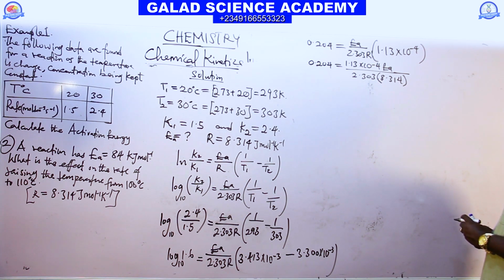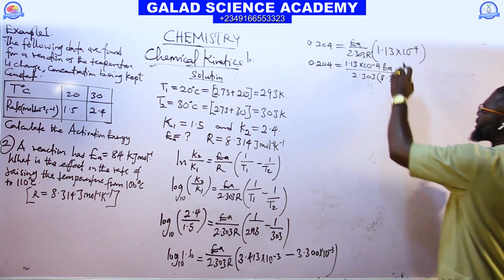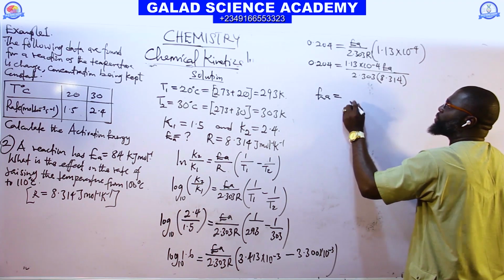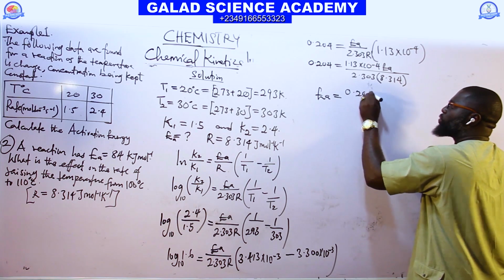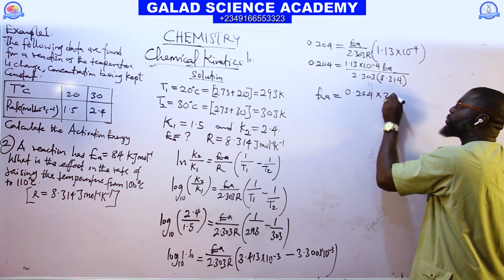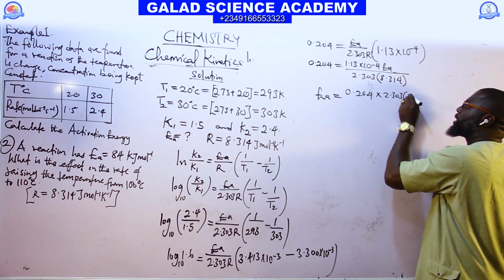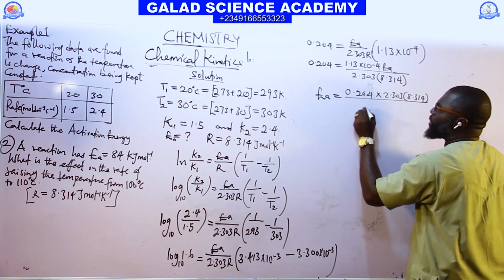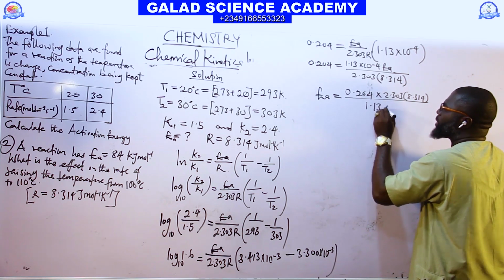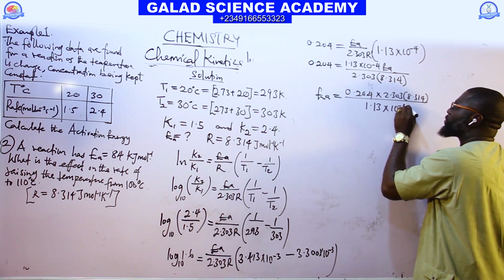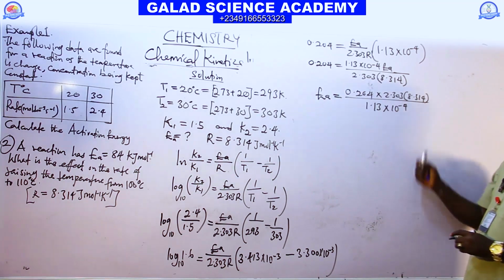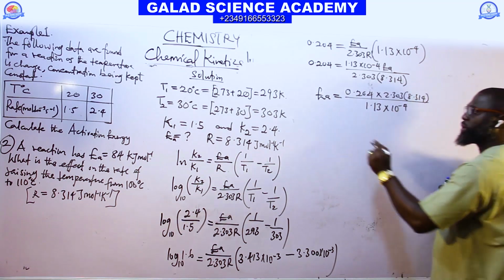From this expression, let us make Ea the subject of the formula. The activation energy will be 0.204 multiplied by 2.303 times 8.314, everything over 1.13 times 10 raised to power minus 4. You need to use the calculator for this one to know the activation energy.